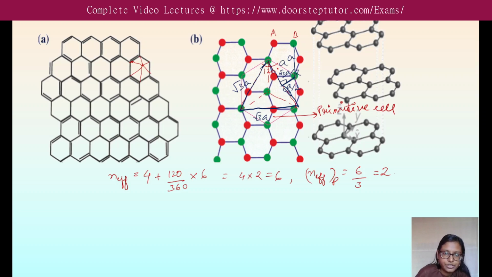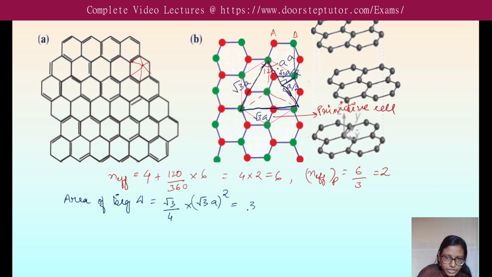So this is an equilateral triangle, therefore the area of the big triangle, using the formula for the area of an equilateral triangle, will be root 3 by 4 into root 3a whole square.